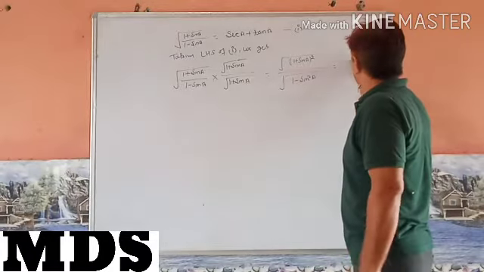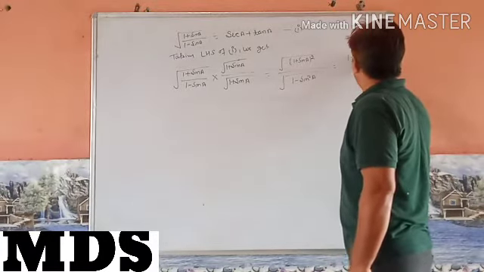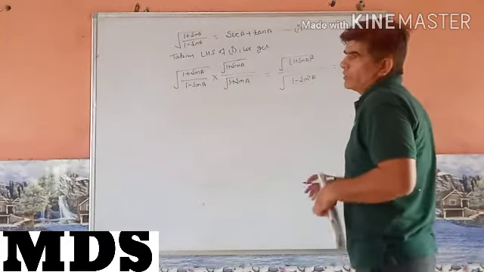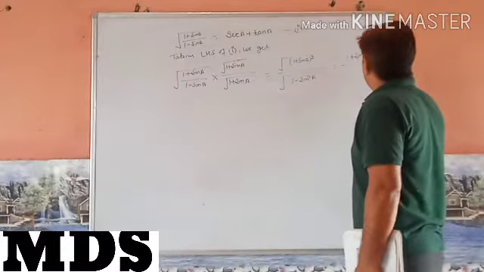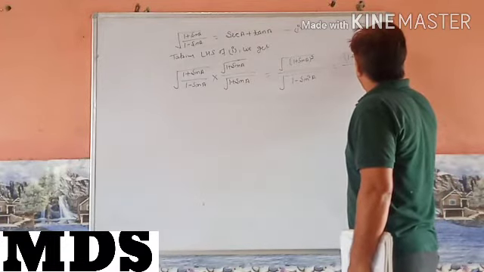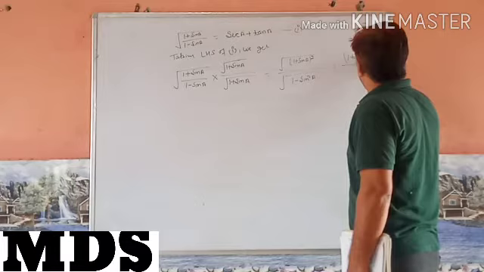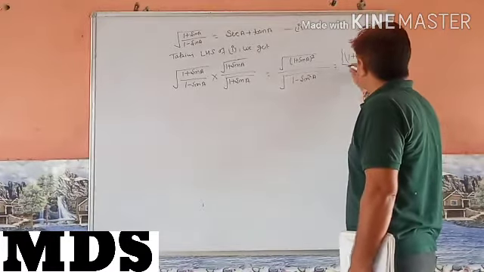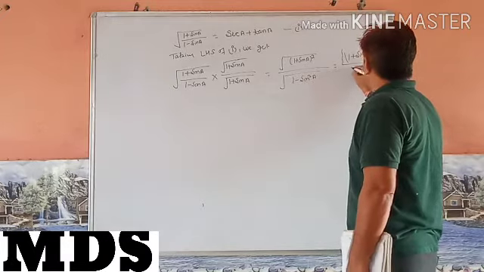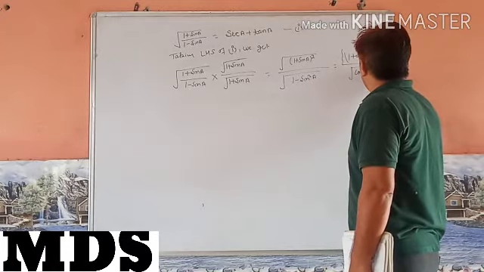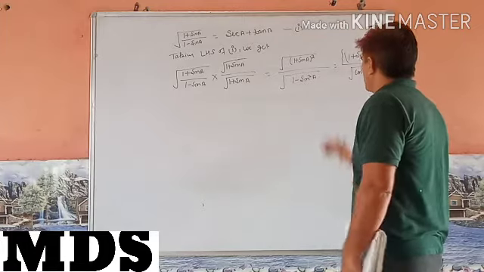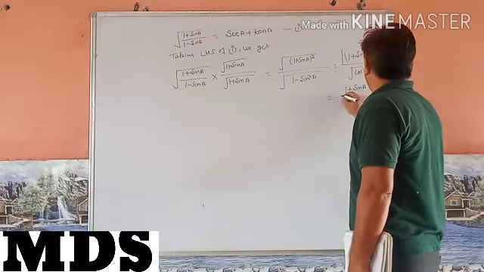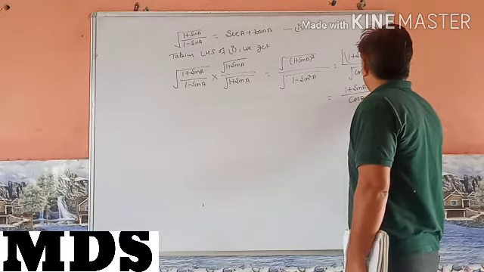This 1 plus sin A comes outside, cancel this and root. If you don't know, you can write like this: its power 2 and whole power multiplied by 1 by 2, cancel this. 1 minus sin square is under the root cos square A, and what's coming outside? Cos A.